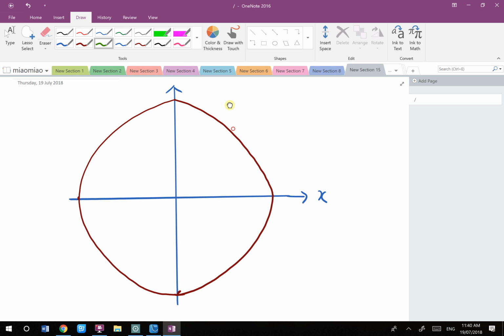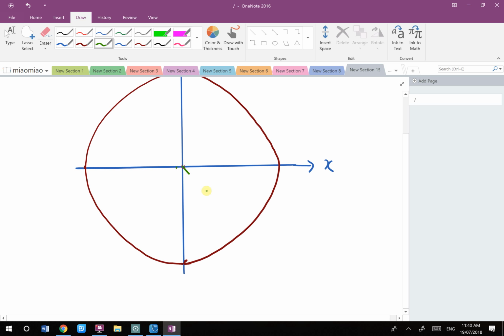Okay, so if you draw an angle here, that angle will be this way. If you see it clockwise, that's negative 45 degrees. But you can also see it anti-clockwise. That's 360 minus 45 degrees positive, so that's 315 degrees positive.